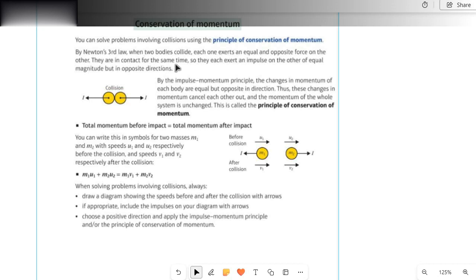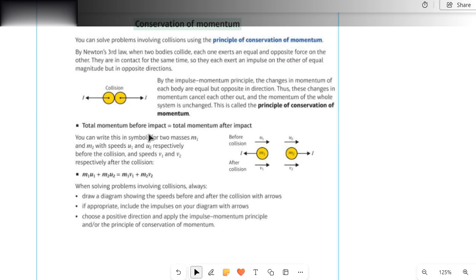They are in contact for the same time, so they each exert an impulse on the other of equal magnitude but in opposite direction. By the impulse momentum principle, the changes in momentum of each body are equal but opposite in direction. Thus, these changes in momentum cancel each other out, and the momentum of the whole system is unchanged. This is called the principle of conservation of momentum.